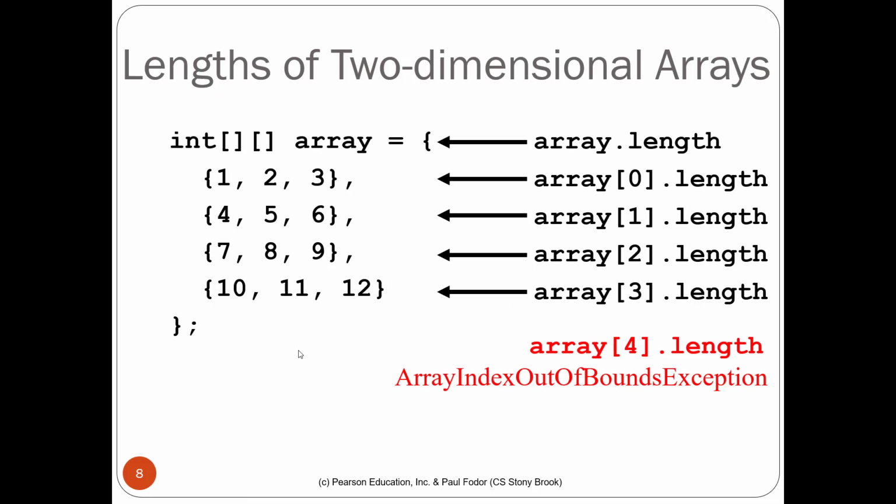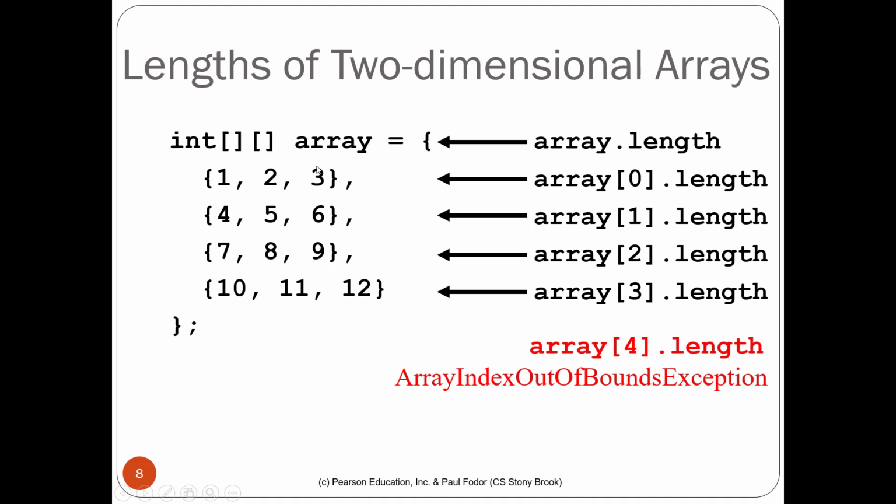Okay, now let's see, when you have done something like this, where you are creating a two-dimensional array with the assignment, what will happen if I call the length at different levels? So if you say array.length, then that means you are finding out the number of rows.